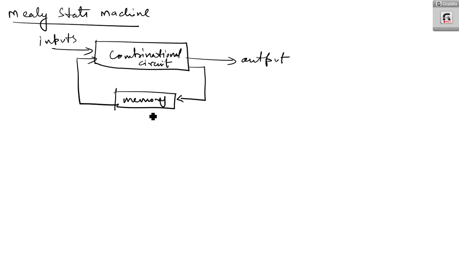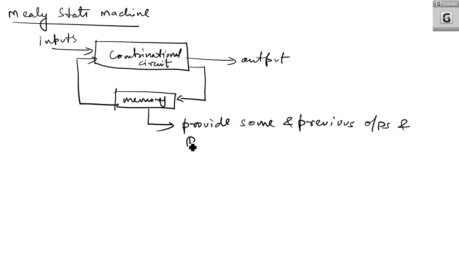Now, what does memory do? The purpose of memory is that it provides part of the previous outputs and present states as inputs. That means previous outputs and present states are given as input.